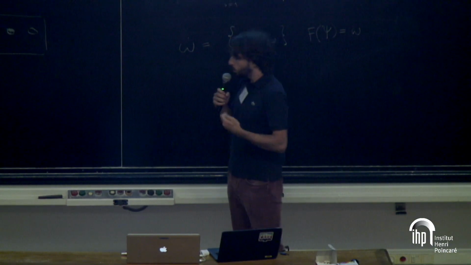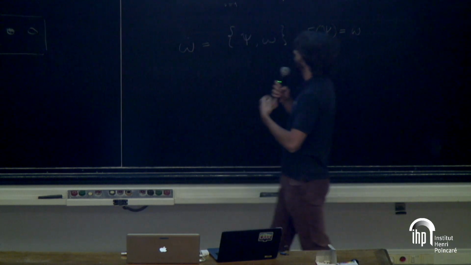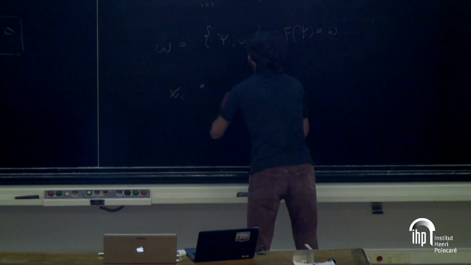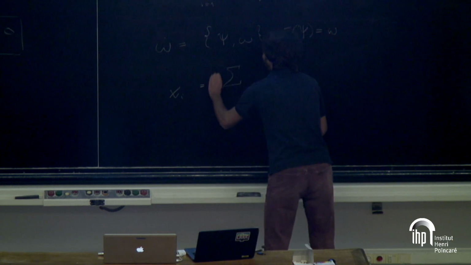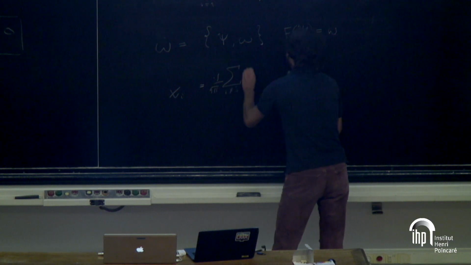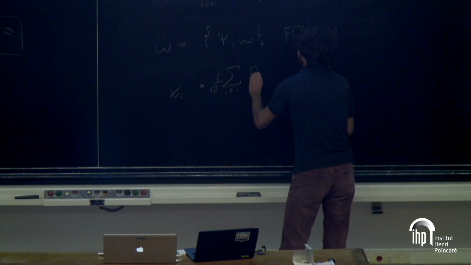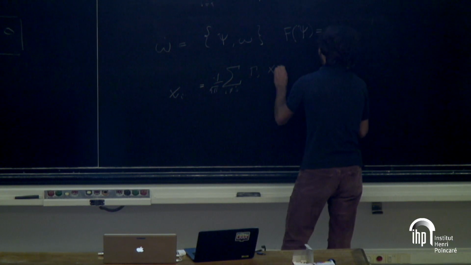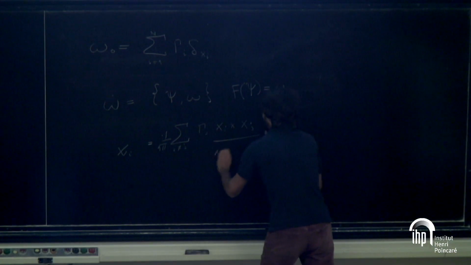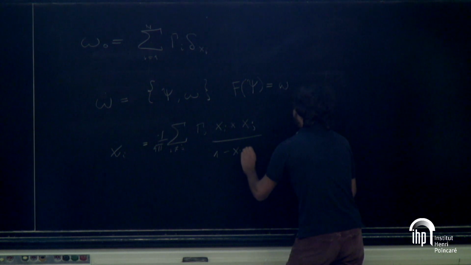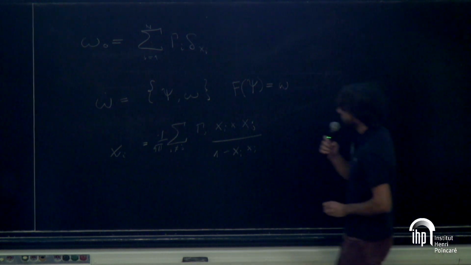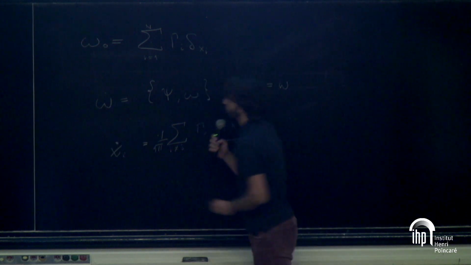So what do we know? The point vortex dynamics can be described by the following ODE. Maybe you're familiar already, but I just write it here for completeness. This is an ODE, and a lot of properties of this ODE are known.